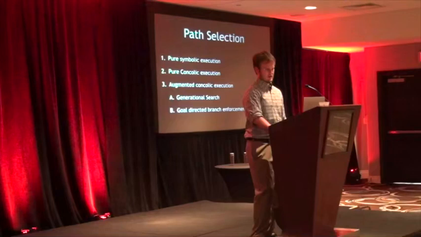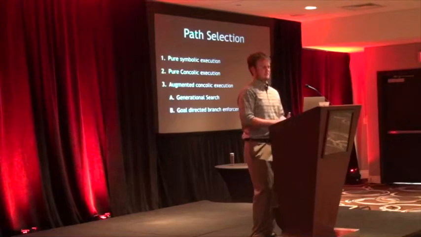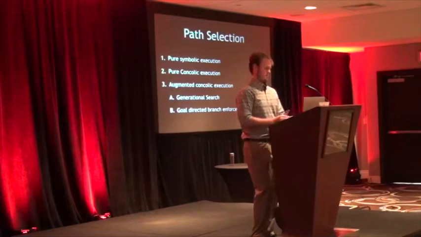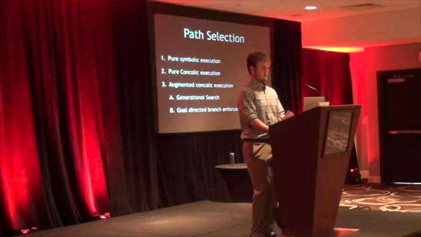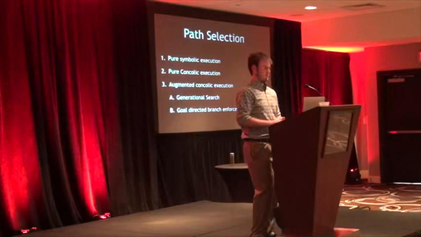So now let's get into the types of path selection strategies that are available to us. We have pure symbolic execution, which tries to exercise every part of a program. We have pure concolic execution, which is a bit more capable of reaching bugs deep within a program.